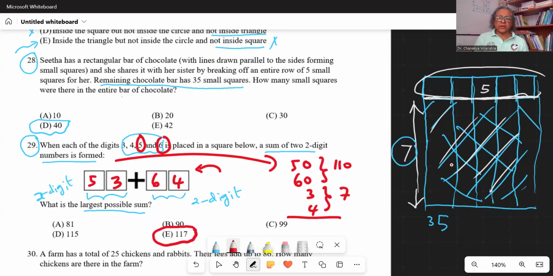So the largest possible sum is 117, and as you can see, our thinking is at a high level, because now we have a very good understanding of the place value system, and so we can think using those concepts.